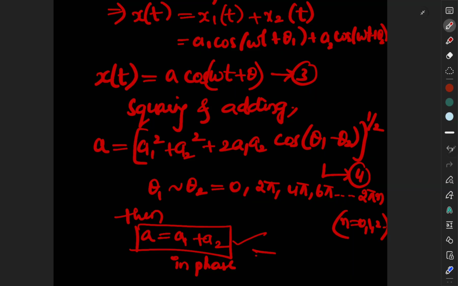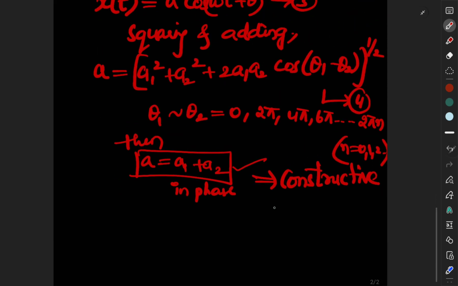So this is known as constructive interference. The resultant amplitude will be the sum of the two amplitudes, and this is known as constructive interference.